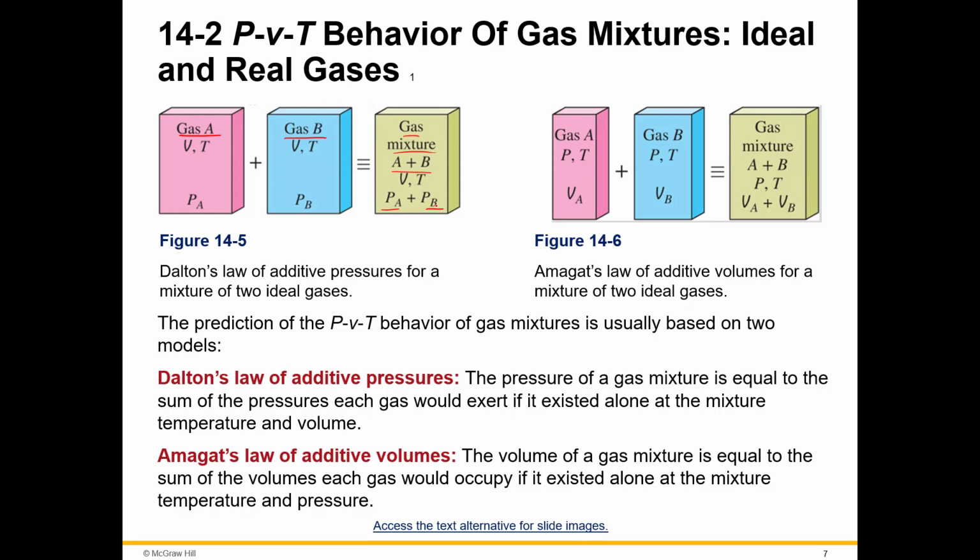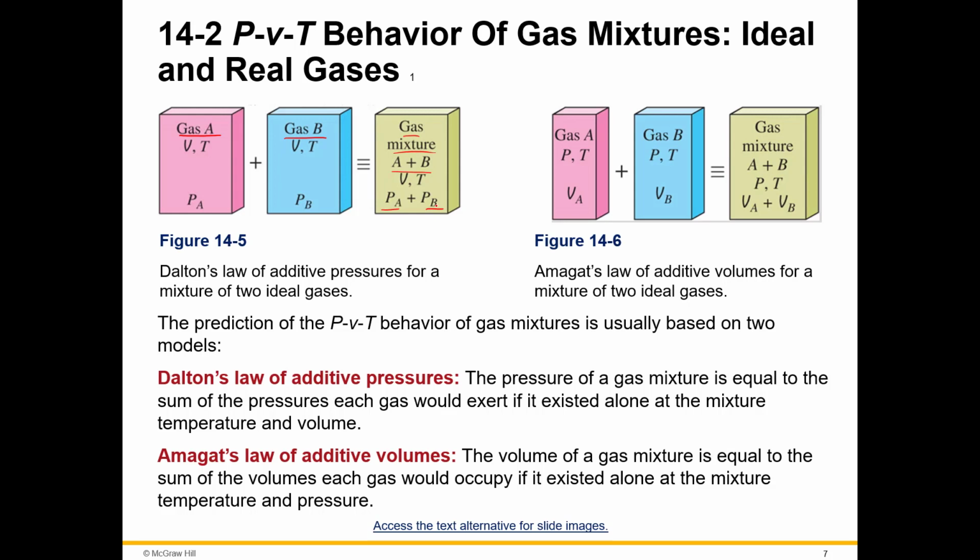And then the predictions of the PVT behavior of a gas mixture are usually based on two models. So Dalton's law of additive pressure: the pressure of a gas mixture is equal to the sum of the pressures each gas would exert if it existed alone at the mixture temperature and volume. So what it does is it says, let's take that H2 and O2 example.